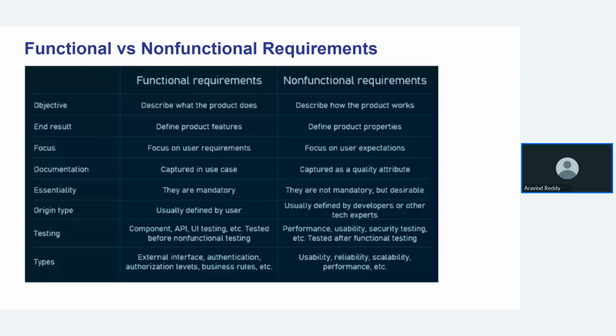And coming to the testing phase, components like API and UI testing are tested before non-functional testing. If you build an application, there are testers who are going to test your application with different parameters. First they check the functional requirements, like they will play completely with your website, like login, register, every button they'll check.